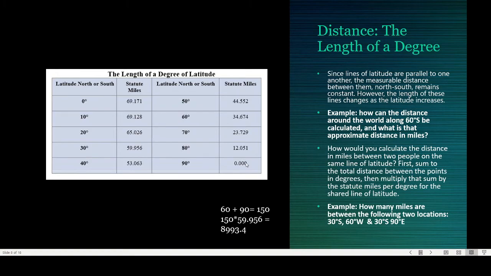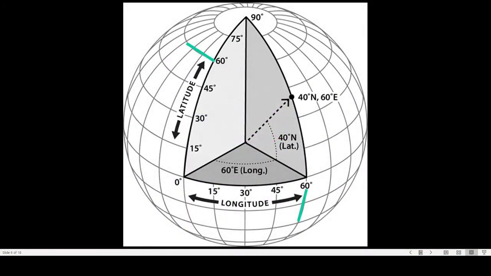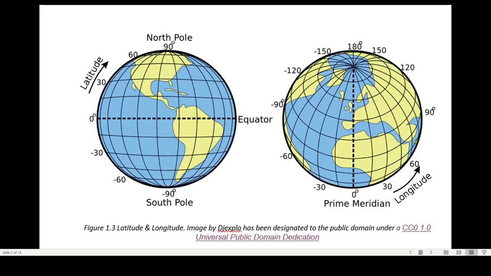One way to look at this concept is that the length of a degree is 69 miles at the equator. So every length of this degree is 69 miles. And when we get to 30 degrees, the length between here got shorter. From what I remember, it's 54 miles. And then when we go higher in latitude at 60 degrees, it drops considerably.